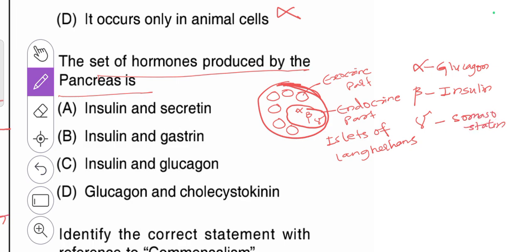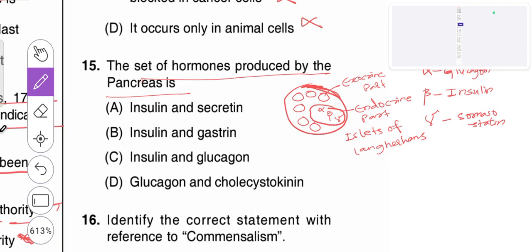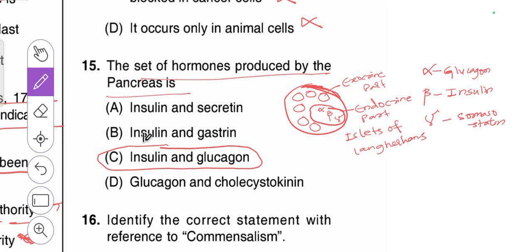So the right answer for this question is insulin and glucagon. These are the two different hormones produced by alpha cells and beta cells. So C is the right answer.